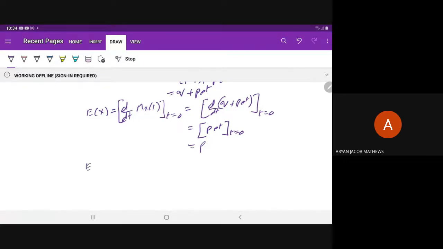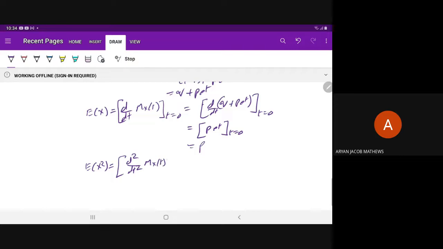Similarly, if you compute E(X^2), that is d^2/dt^2 of M_X(t) at t equal to 0. So it is the second derivative of (q + p e^t) at t equal to 0.